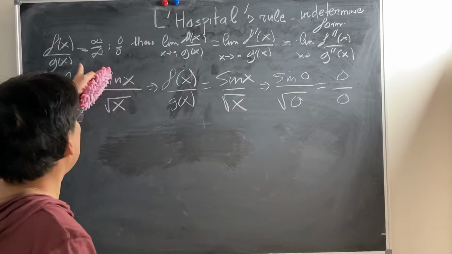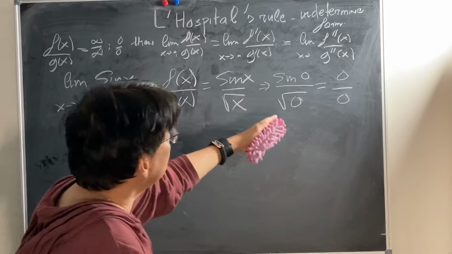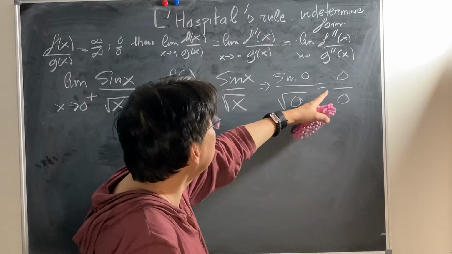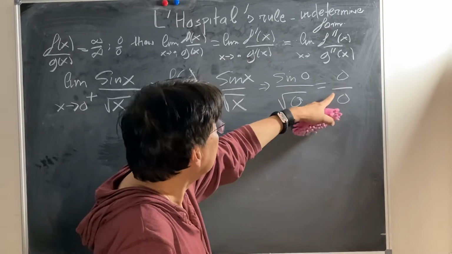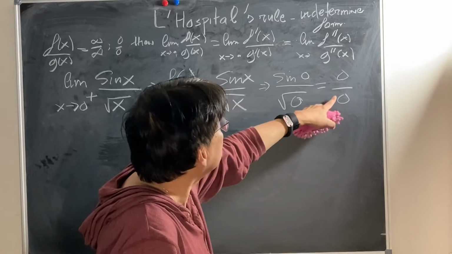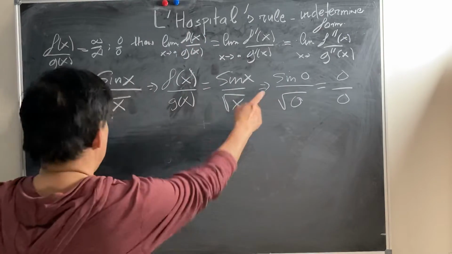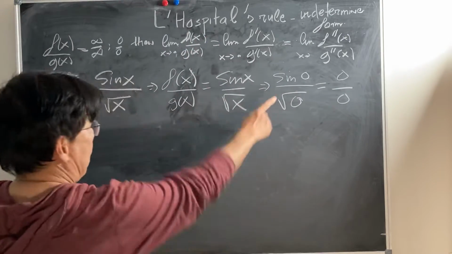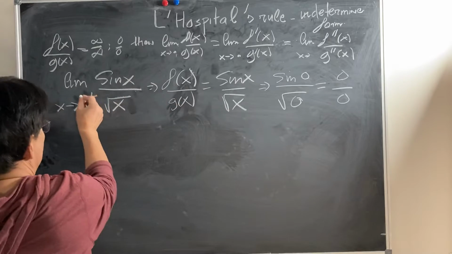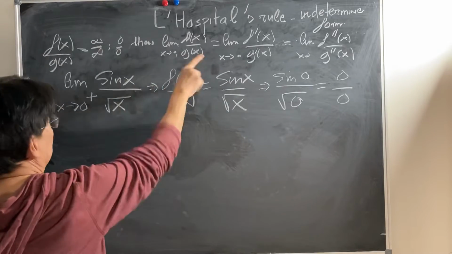Now 0 over 0 is an indeterminate, undecided form, so you can apply L'Hopital's rule. Since you have that form, now you can apply L'Hopital's rule.